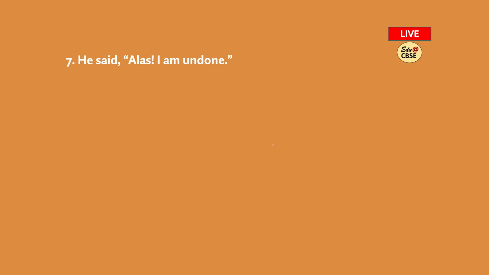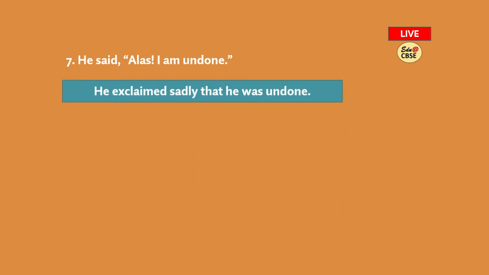So, whatever emotion you are going to write, according to that, your answer will be marked. So, he exclaimed with sorrow. Yes. So, all of you are correct here. So, he exclaimed sadly. That is also correct here, that he was undone. So here you can write sorrow.